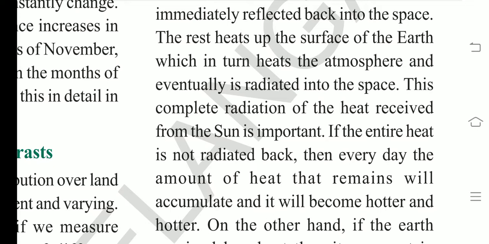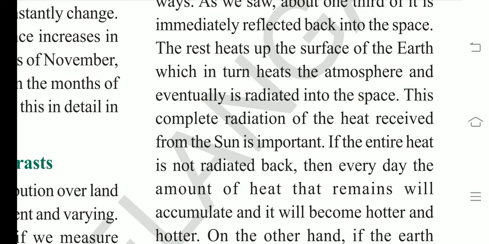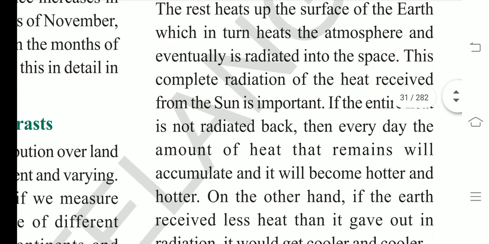If the entire heat is not radiated back, suppose 100 percent of the solar radiation is absorbed by Earth, what would happen? It would make Earth hotter and hotter, so that Earth may turn into a fireball again, right?